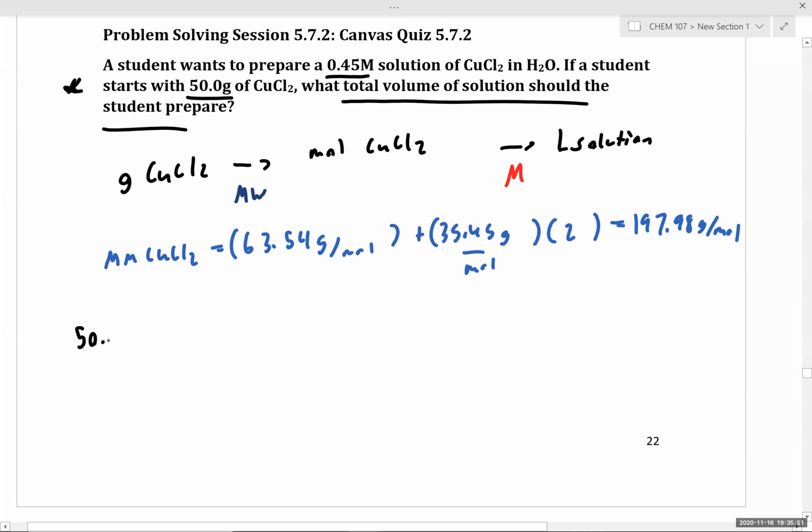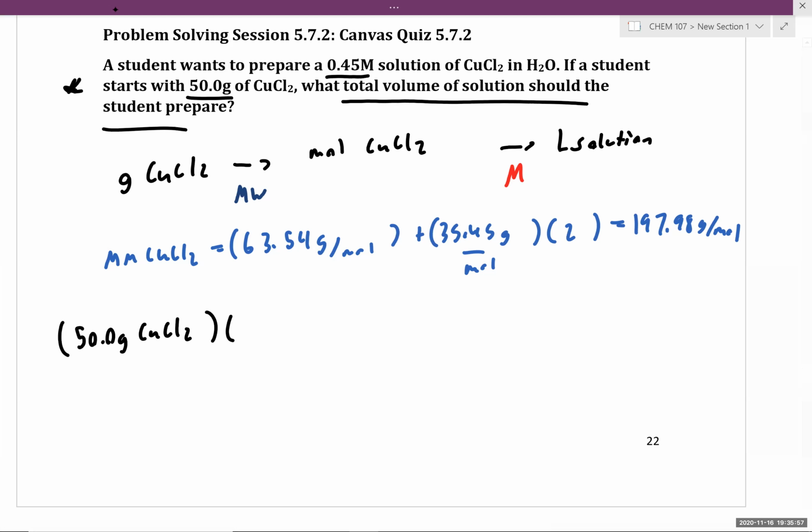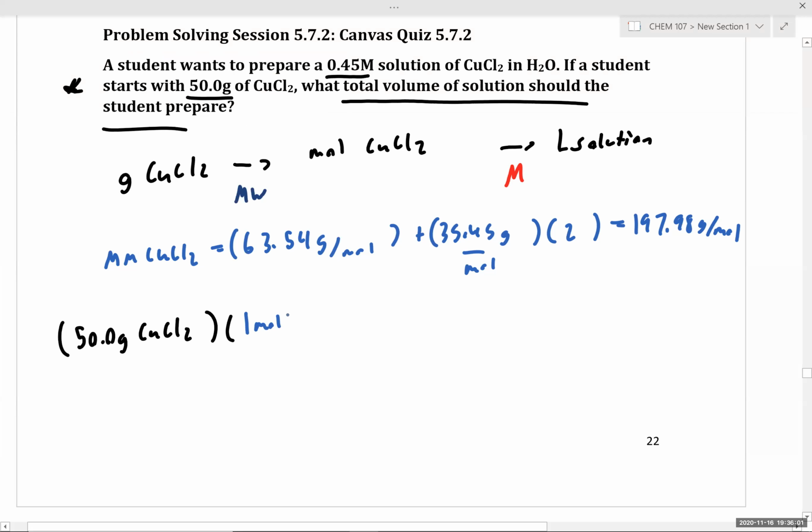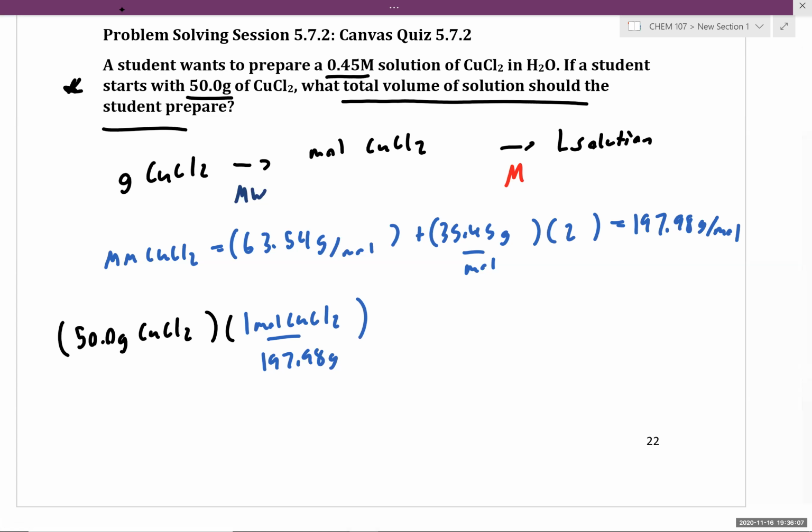Okay, so now we have all the tools we need to execute on this problem. So starting off with 50.0 grams of copper chloride, we know in 1 mole of copper chloride, we have 197.98 grams.